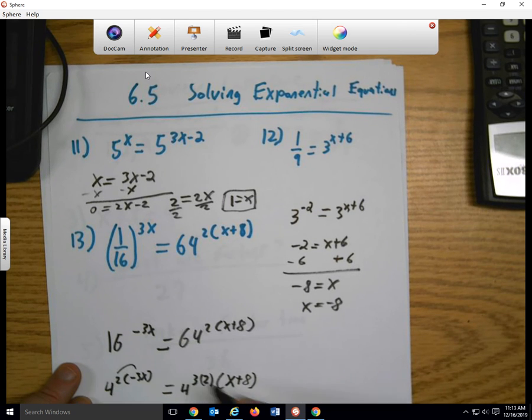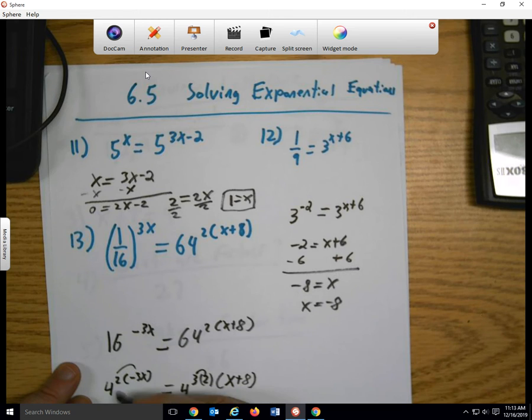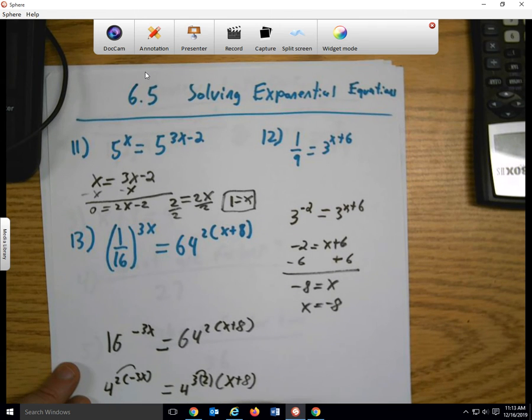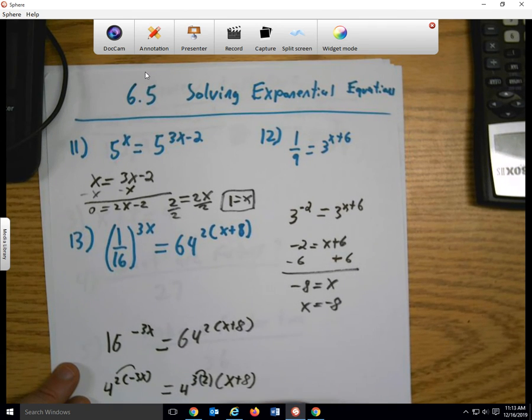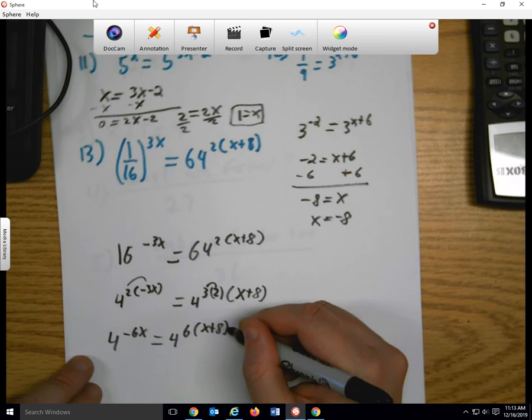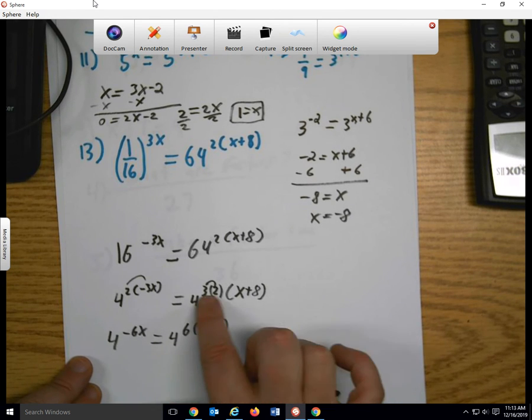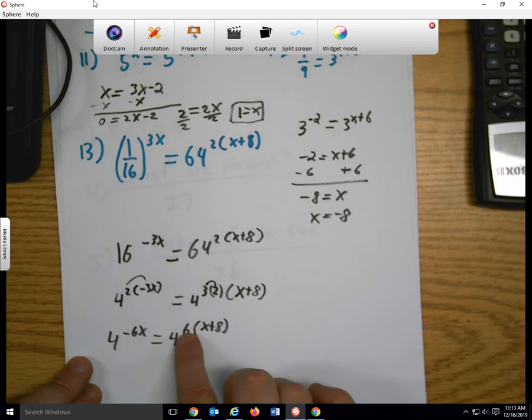So let's go and do our multiplications. We'll have 4 to the negative 6x equaling 4 to the 6th times the quantity of x plus 8. Sorry, 2 times 3 is a 6x. And then 3 times 2 is 6.